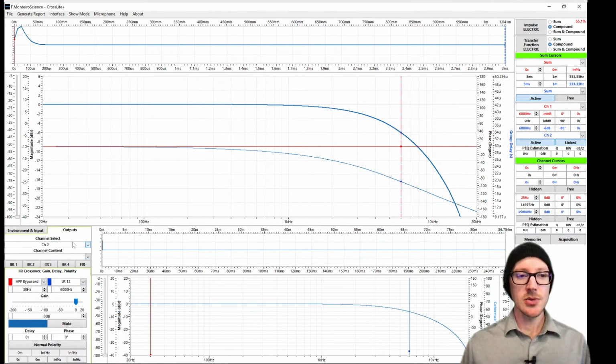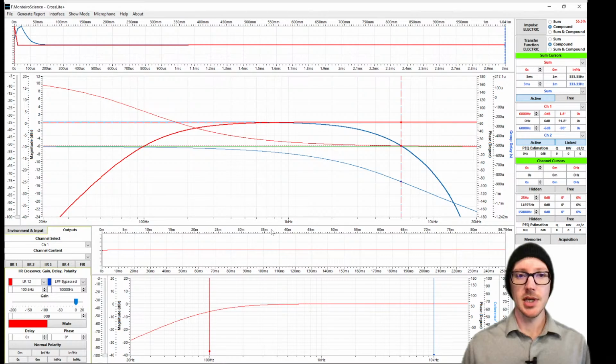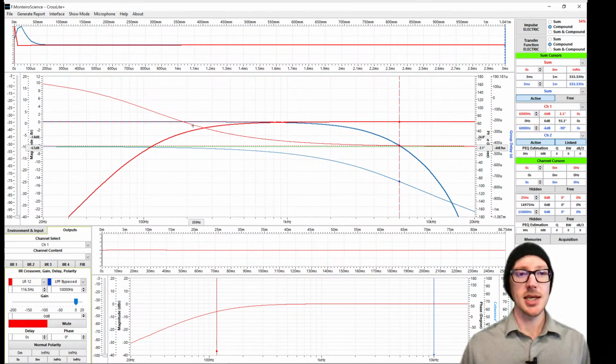So now let's turn these two on together, because I think it would be fun to see them move together. I know there's a lot of stuff on the screen now, but just remember, red is channel 1, and blue is channel 2. Red has the high-pass filter, blue has the low-pass filter. As I move this high-pass filter around, we can see it cutting more of this red channel, right?